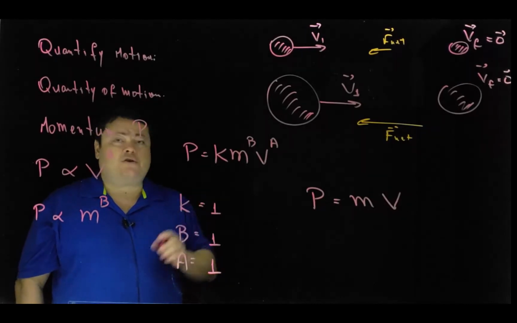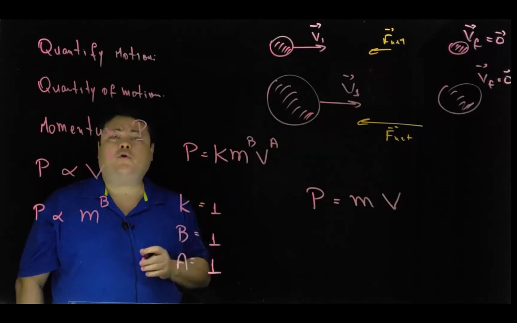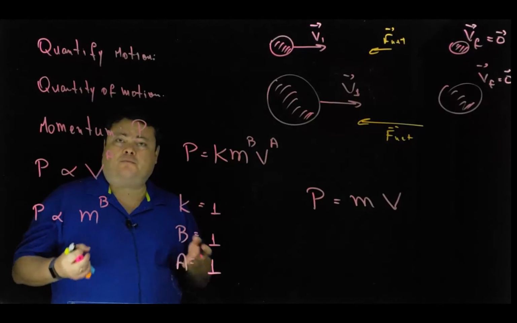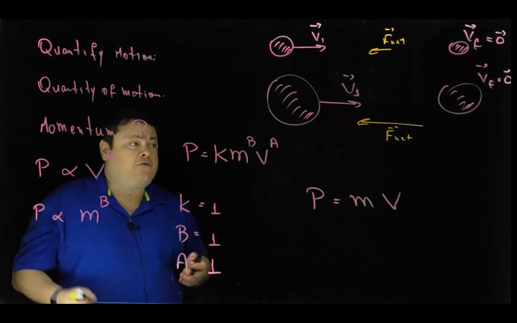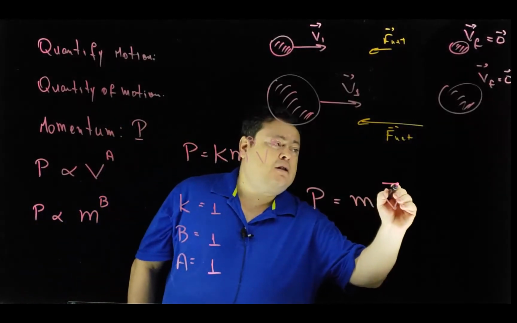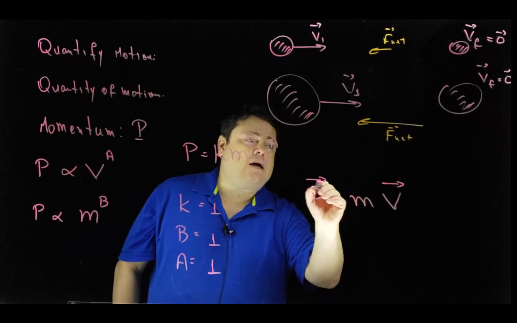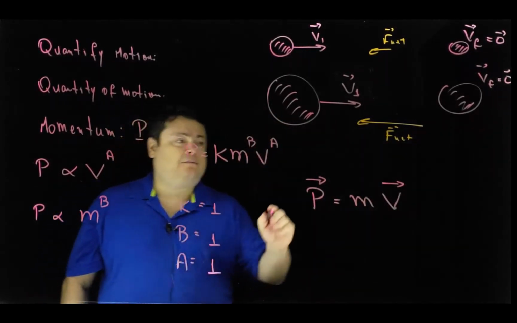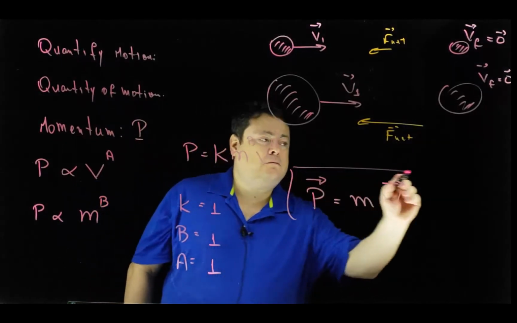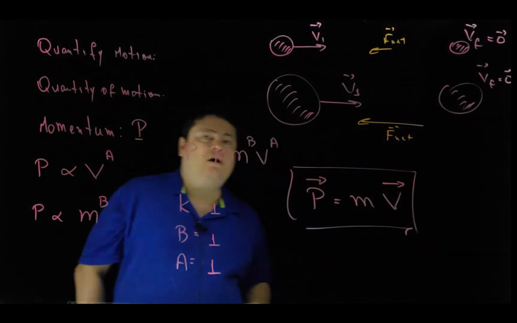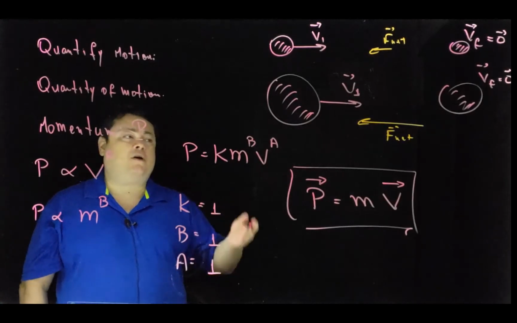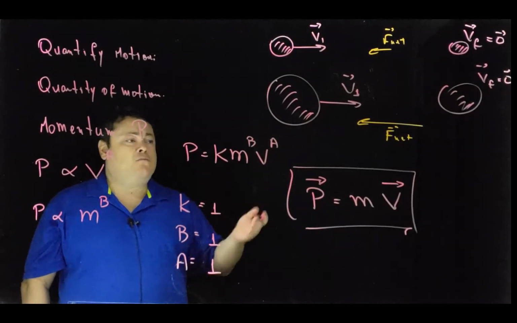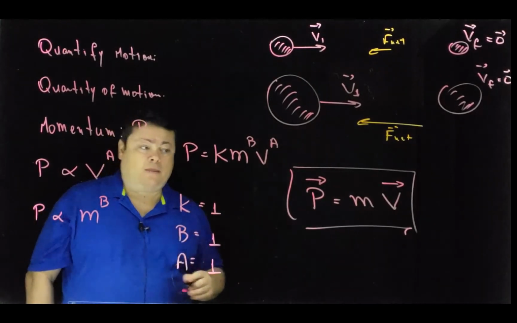We will also find in our studies that this quantity of motion should have vector properties. And therefore, we'll define this not as mass times speed, but as mass times velocity. And this is our definition for the linear momentum of a particle of mass m moving with velocity v.